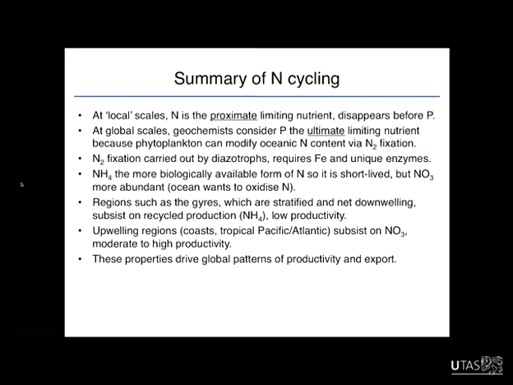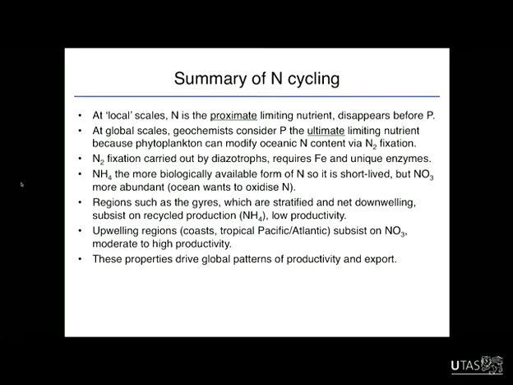But in the open ocean gyres that are net downwelling, so I showed that plot of vertical velocities, there's no new nitrate being brought to the surface in those areas. So those ecosystems tend to be dominated by very small phytoplankton that are efficiently grazed by microzooplankton, so small zooplankton.